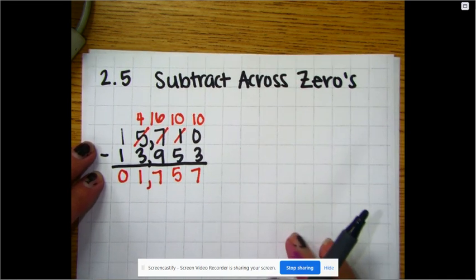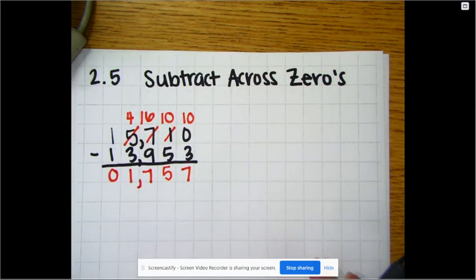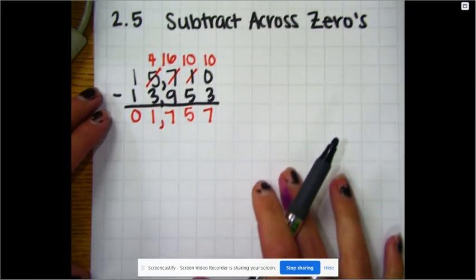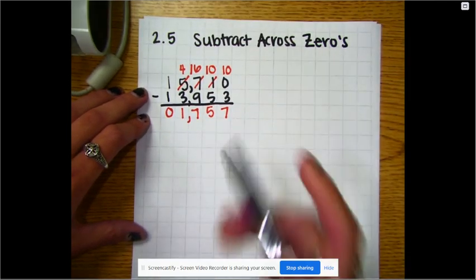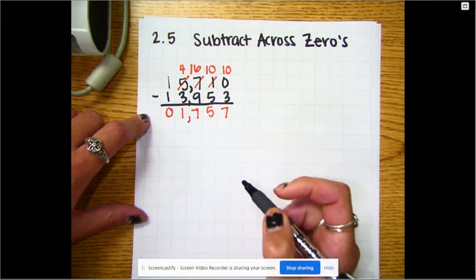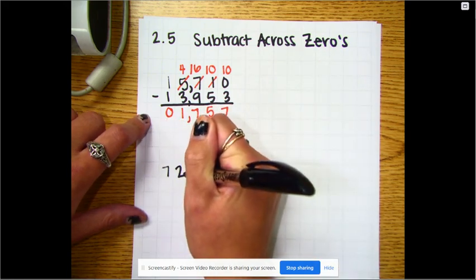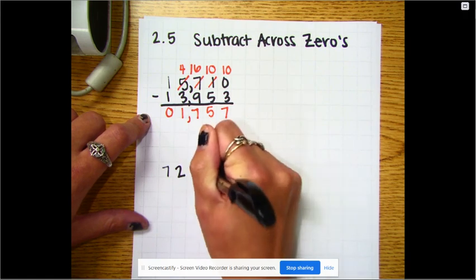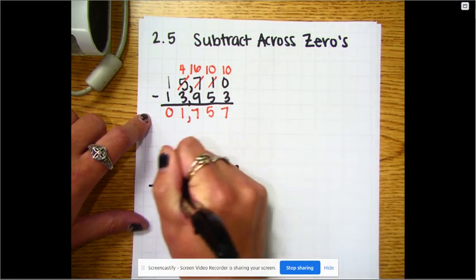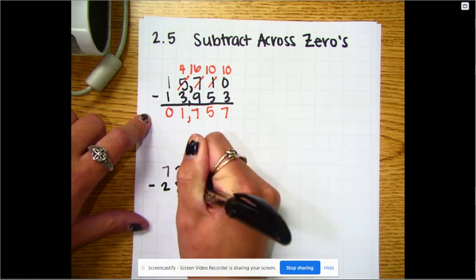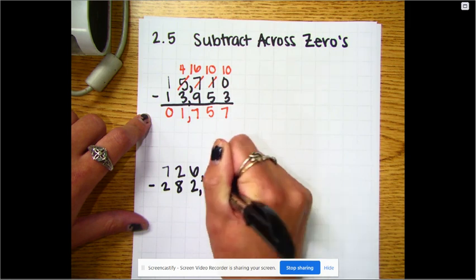Let's move on to a more difficult one. If we look at a problem like, let me back up so we can see, 726,003 take away 282,942.